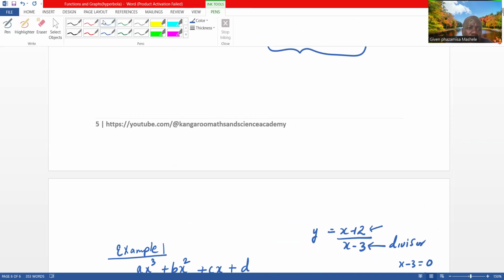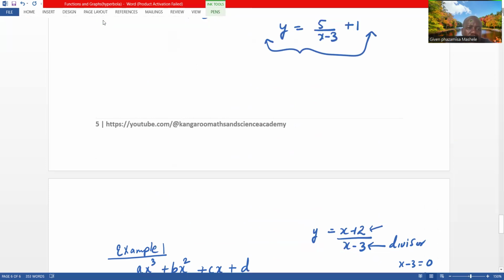We have y equals 2x plus 7 over x minus 3. So this is our divisor. 2x plus 7 is the same as 0x cubed, there's no cubic here, 0x squared. It's only cx, which is 2x, and d.